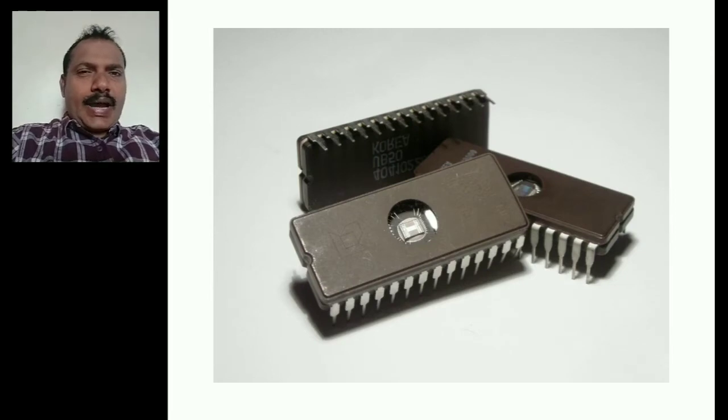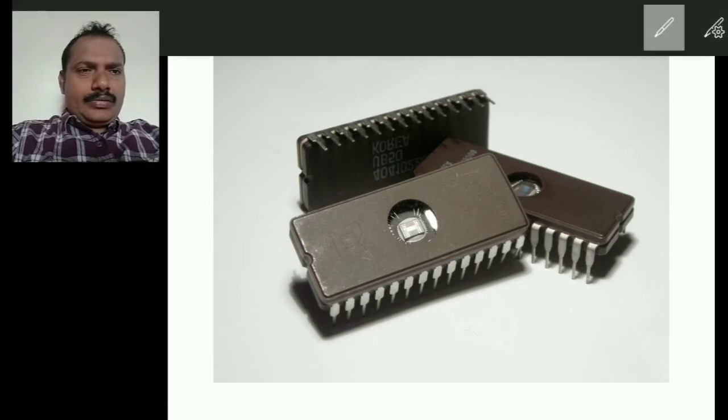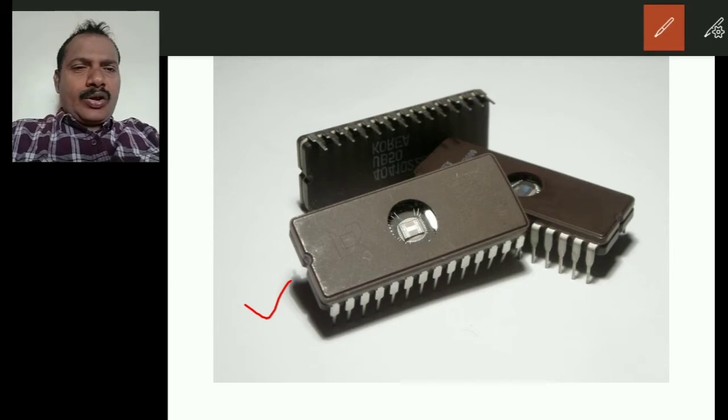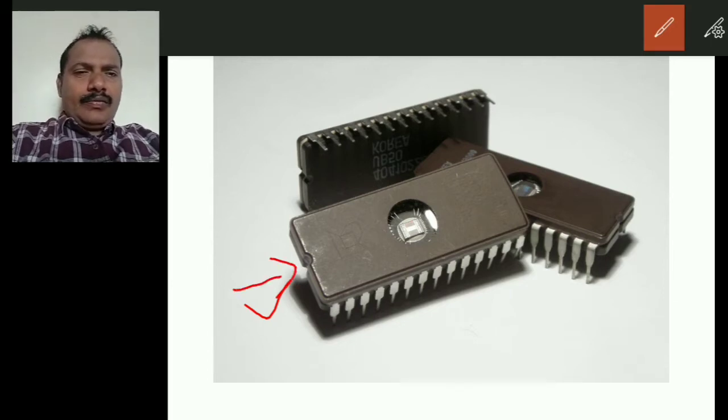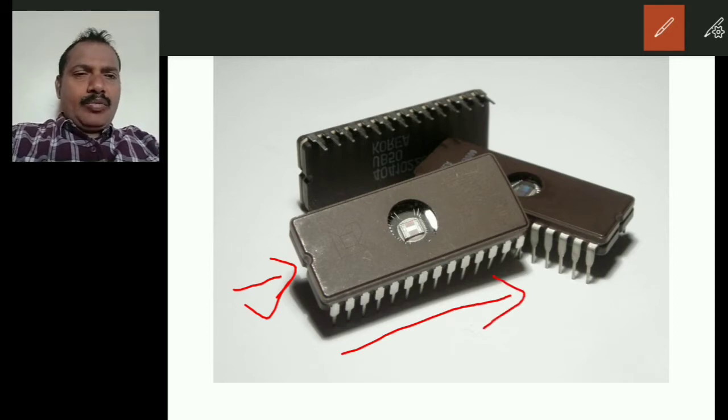You see, these are the ICs. You see how the IC looks. Here one notch is there, and pins are there on both sides, in two rows, left and right side, and we have pins, interfacing pins.